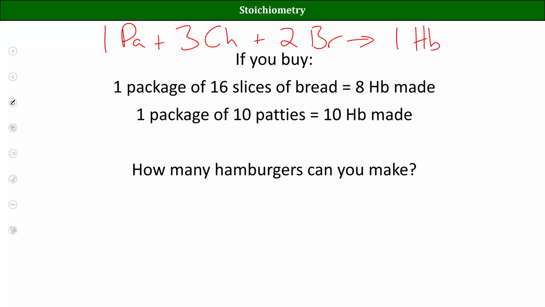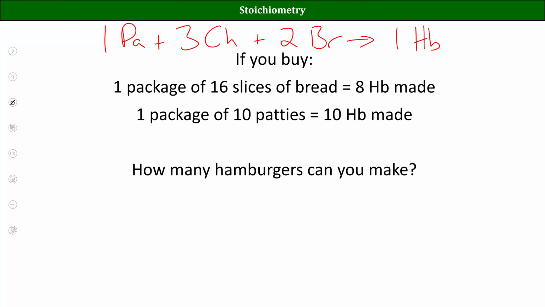I have enough bread to make 8 hamburgers. I guess technically if it's a loaf of bread, then technically patty melts, but let's not split hairs. If I have enough patties to make 10 hamburgers and enough bread to make 8 hamburgers, how many hamburgers can I make? 8. Right? I don't get to just add these together. That would be silly, right?